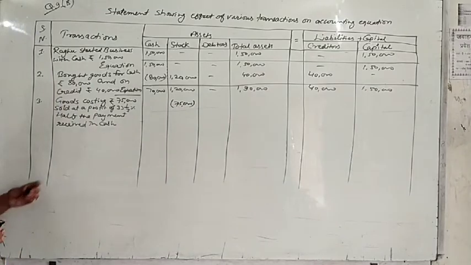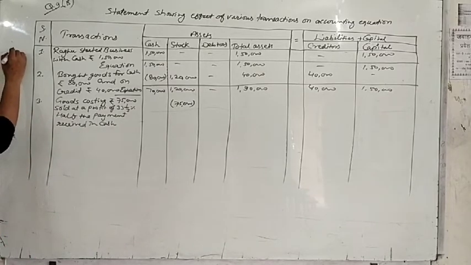Now profit, 33 1/3%. How will we calculate this? 33 1/3 is a mixed fraction, as you studied till class 10. We have to change it into a normal fraction. So 3 multiply 33 is 99, plus 1 means 100 upon 3%.